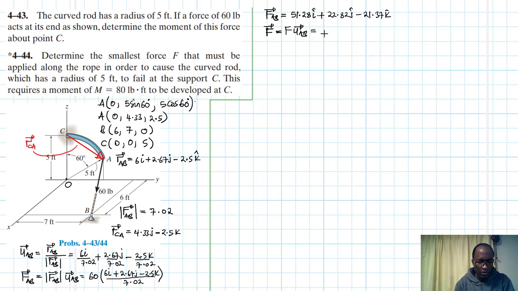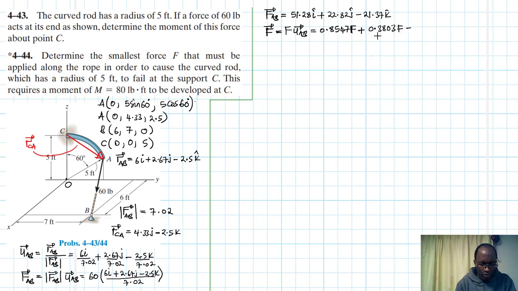We can multiply this and it gives us, we're going to have 6 divided by 7.02, so this gives us 0.8547F, plus, then 2.67 divided by 7.02, this is 0.3803F.